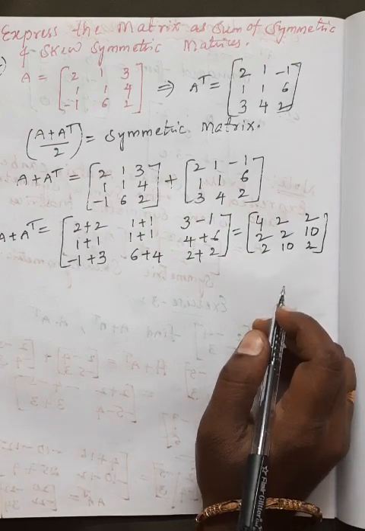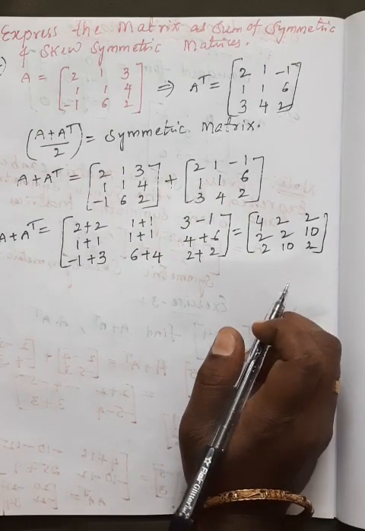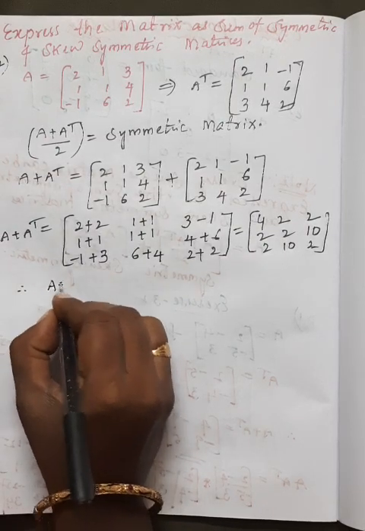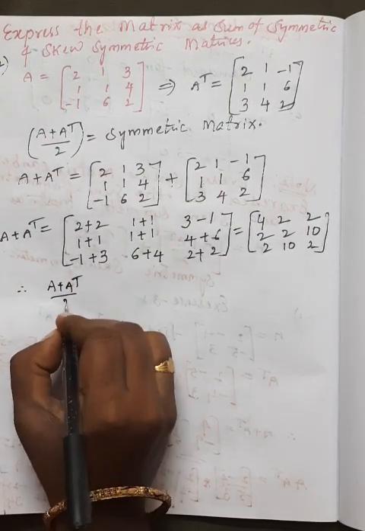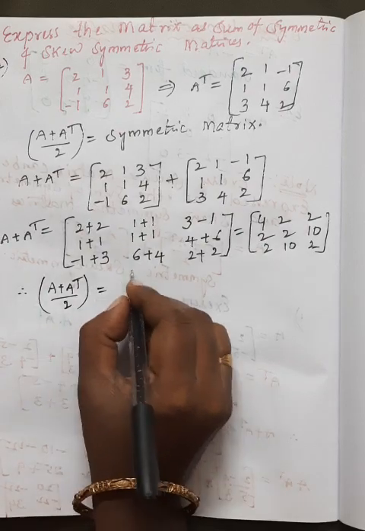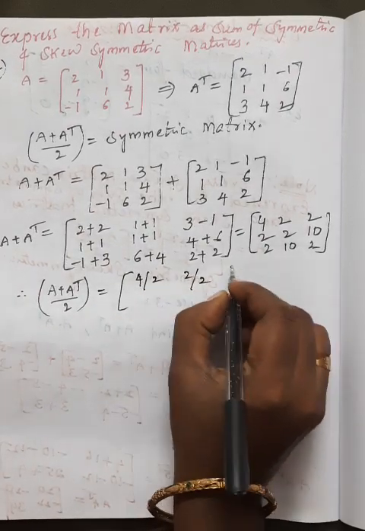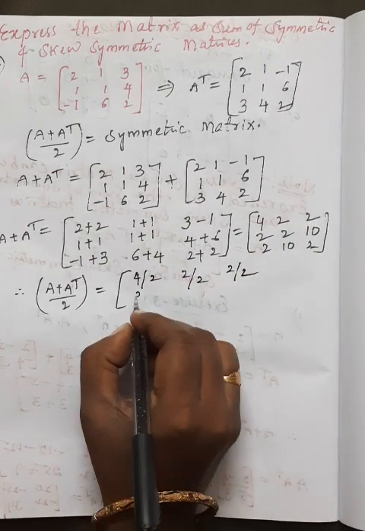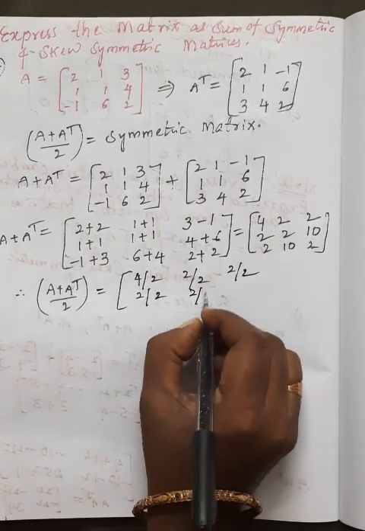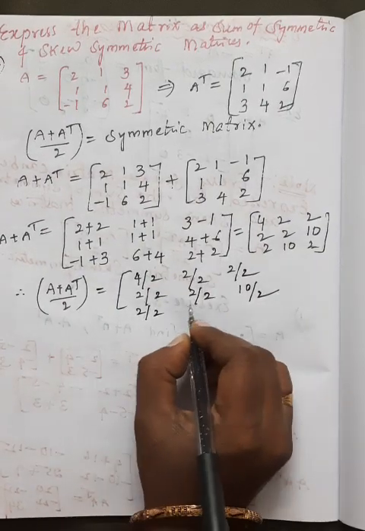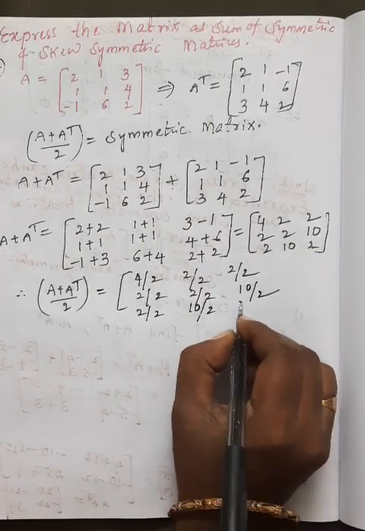After getting A plus A transpose, then we have to divide by 2. Therefore, A plus A transpose by 2 is equal to 4 by 2, 2 by 2, 2 by 2, 2 by 2, 2 by 2, 10 by 2, 2 by 2, 10 by 2, 2 by 2.